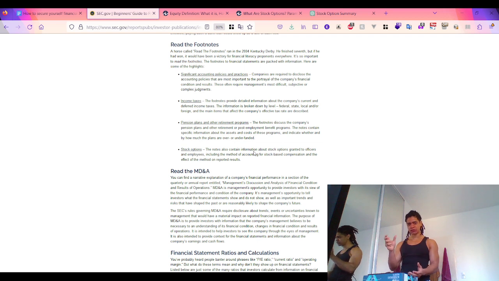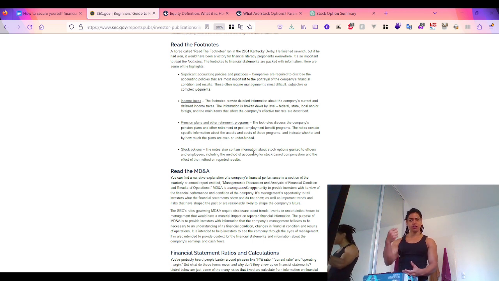That section discusses pension plans and any other retirement or employment benefit programs, where you can also see specific information about the assets and costs of these programs, and indicate if and by how much the plans are under or overfunded.